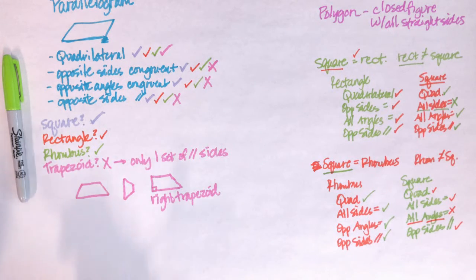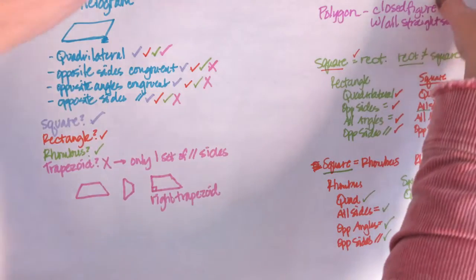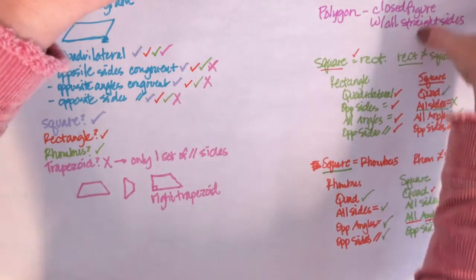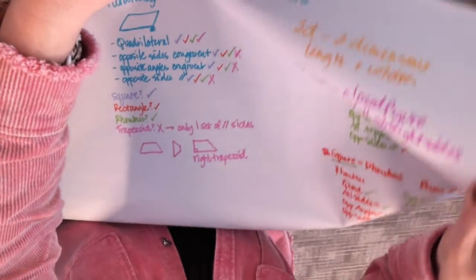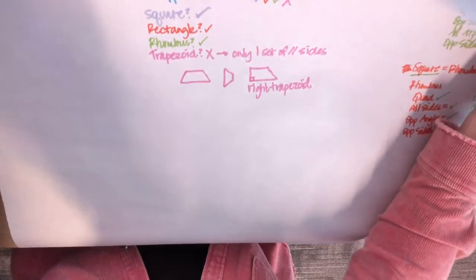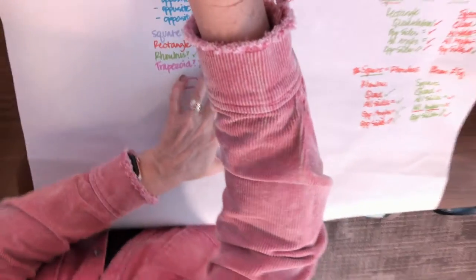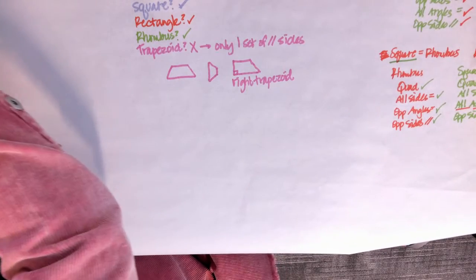So far, so good? Let's talk about, quickly, an isosceles triangle and an equilateral triangle. I'm going to adjust for a second so we have some more room. And let's talk about isosceles and equilateral.